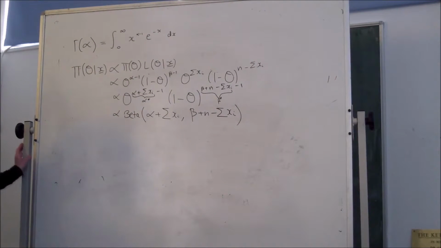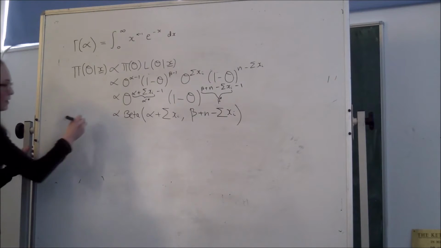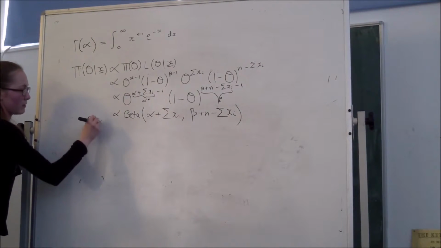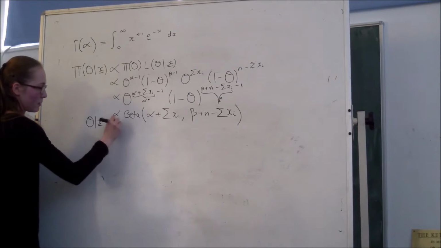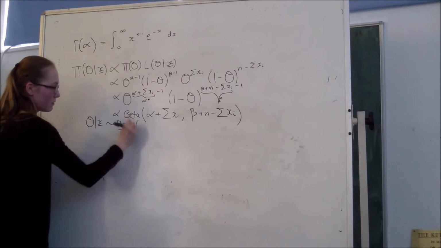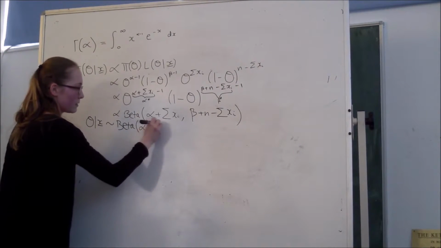And in fact, the posterior distribution is actually the beta distribution, because all we're missing is the normalizing constant that makes it integrate to 1. So we can just say that theta given x follows the beta distribution with these parameters.